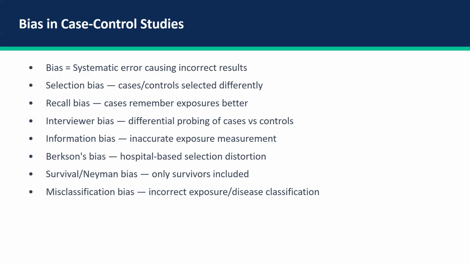Information bias, there can be inaccurate exposure measurement. Berksonian bias, where hospital-based selection distorts the results. Means if we take data from hospital, the disease will be more dominant in those people. Then the survival or Neyman bias, where only survivors are included in the cases. Misclassification bias means incorrect exposure or disease classification.